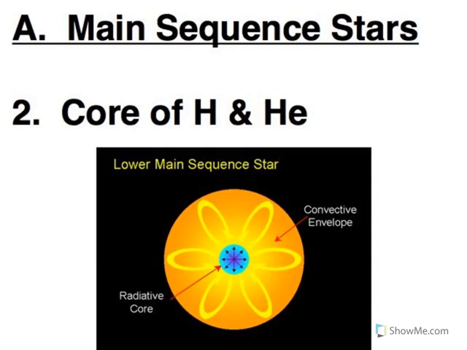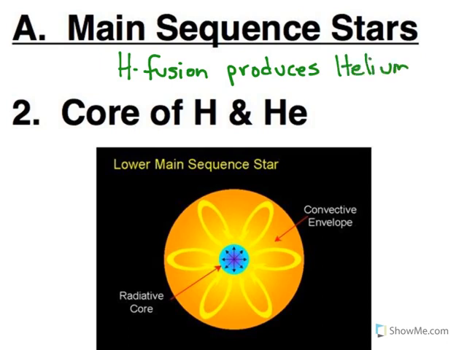Now, hydrogen fusion produces helium. So, once the hydrogen fusion begins, the core of our star is no longer pure hydrogen. It's going to become a mixture of the hydrogen that has not yet been used and the helium that has been produced.